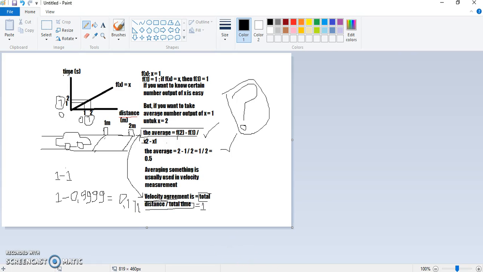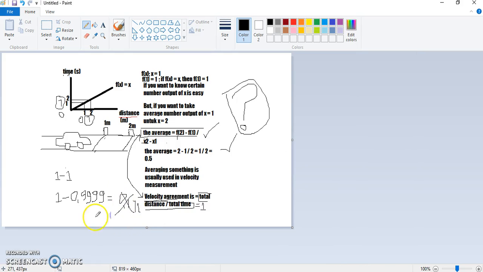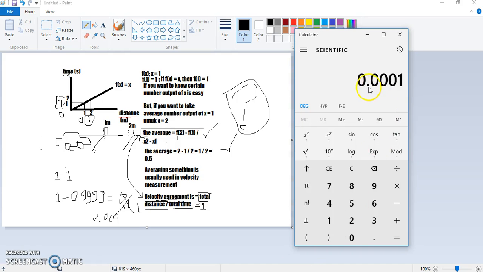Let me check that on my calculator first. 1 minus 0.999, how many 9s do we have there? 1, 2, 3, 4. So the result is 0.001. So how many zeros are behind the floating point, or the comma? 1, 2, 3.